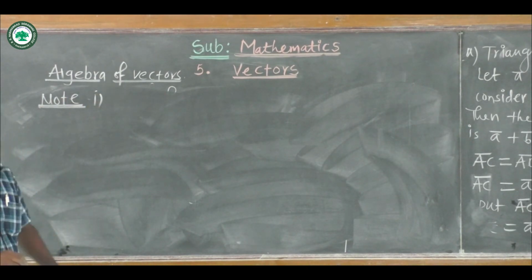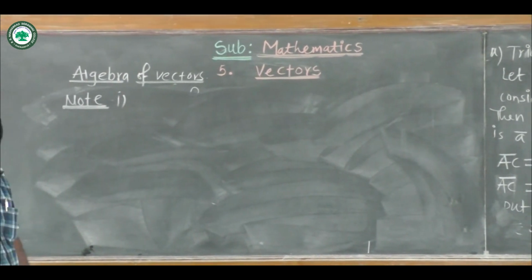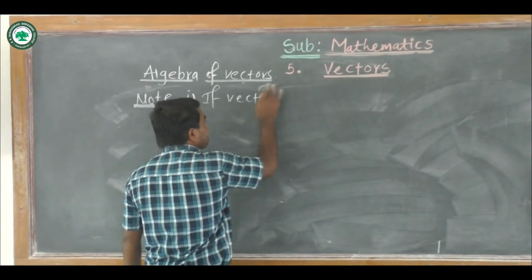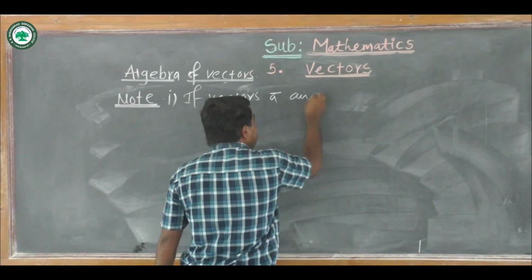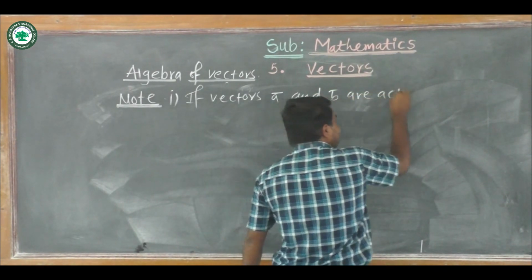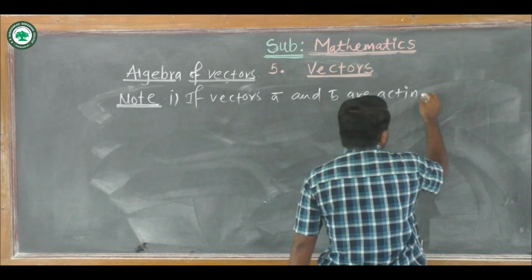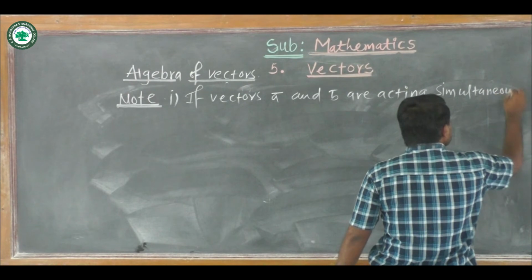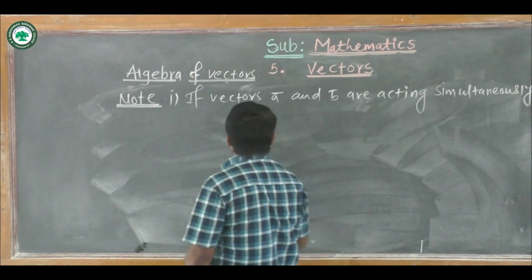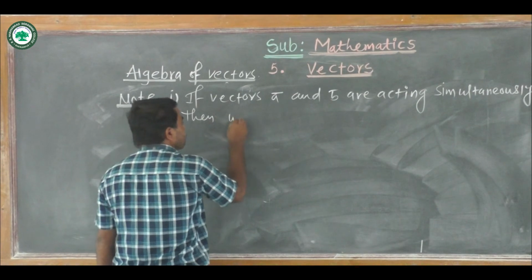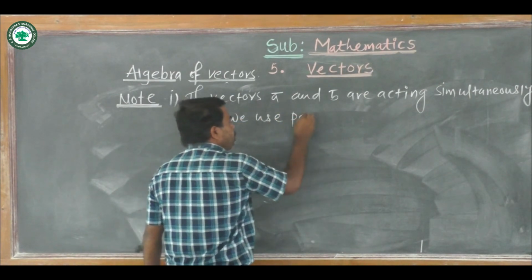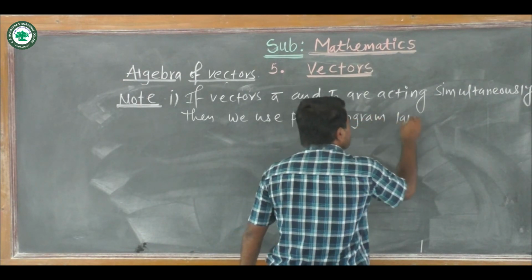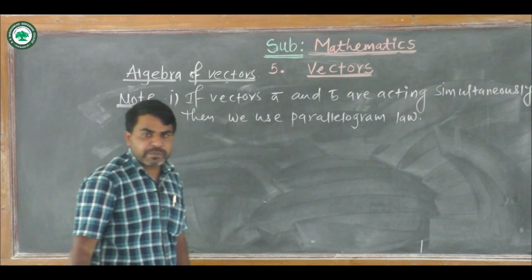First, if vectors A bar and B bar are acting simultaneously, then we use the parallelogram law.